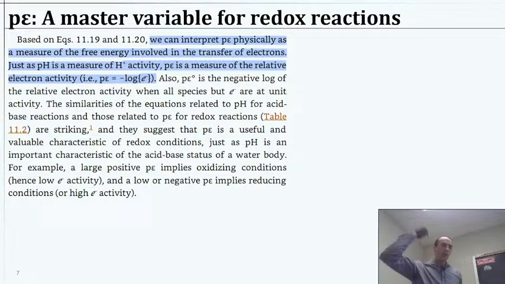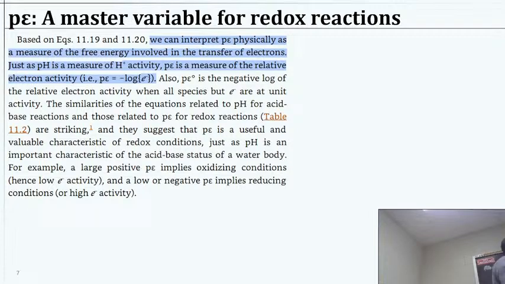Okay, then it goes on to say we have a lot of relationships between how the pH works and how this PE works. And it's a little surprising there. Essentially what we realize is that just like pH is a master variable for a lot of chemistry systems, on the redox side of things, PE is a similar master variable.